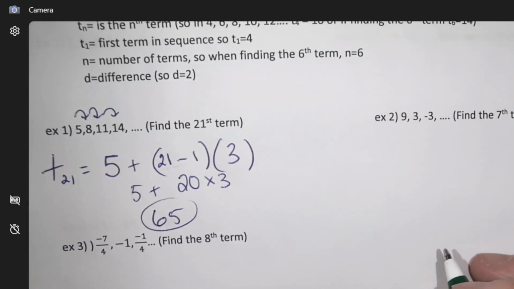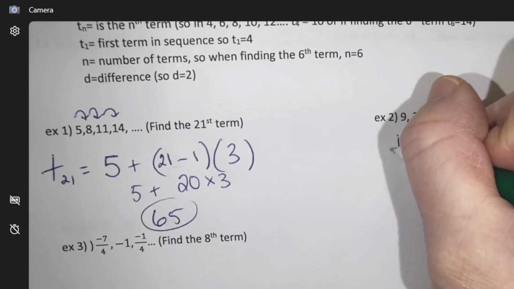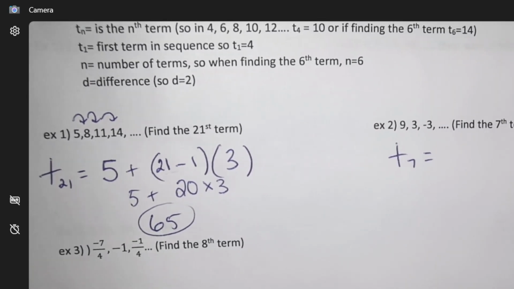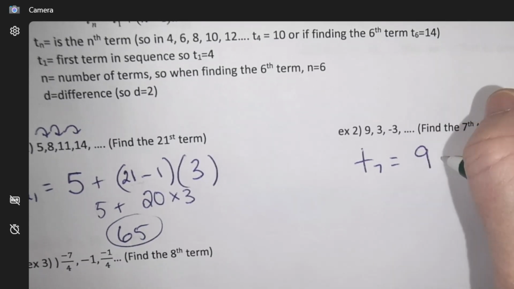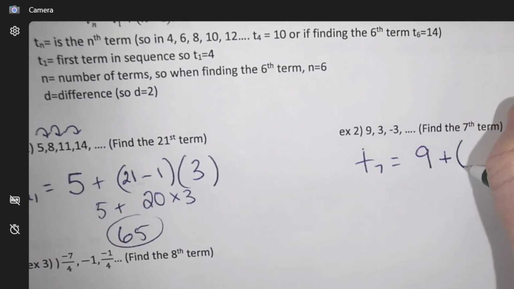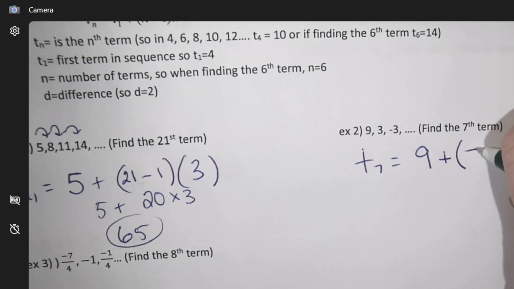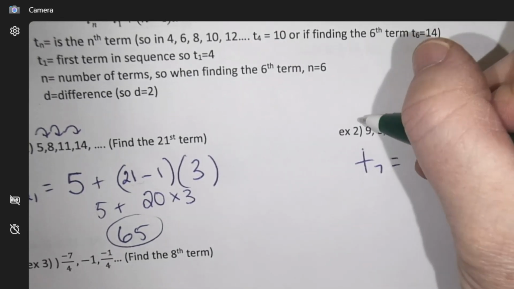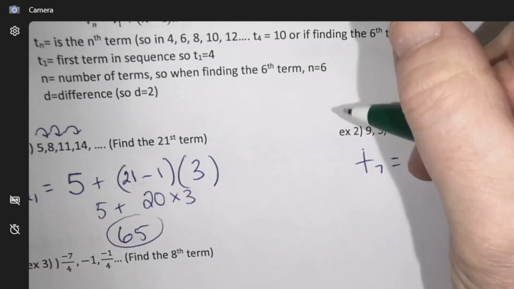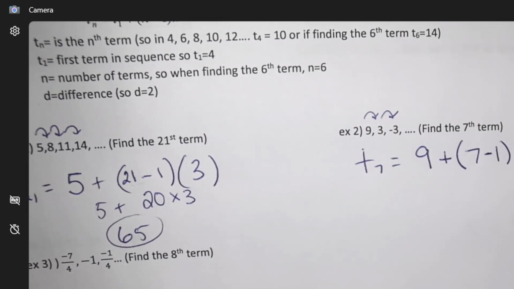Okay, next one. Find the 7th term. So term 7 equals term 1, 9, plus the number of terms 7 subtract 1 times the pattern difference. So what's the pattern going to do? What's the difference in the pattern?